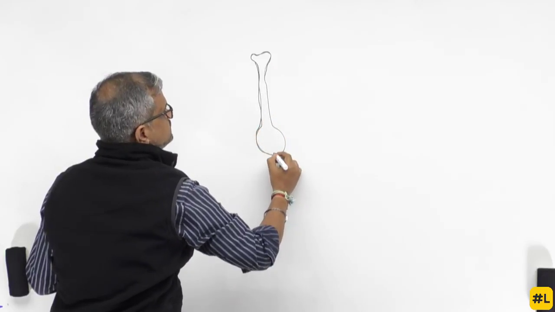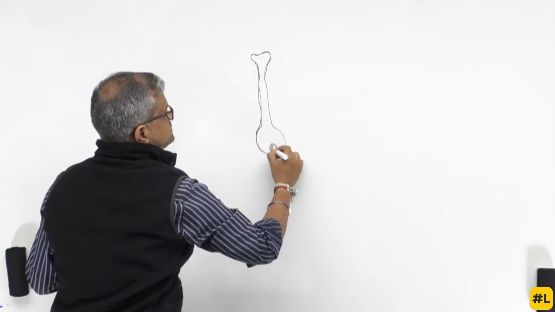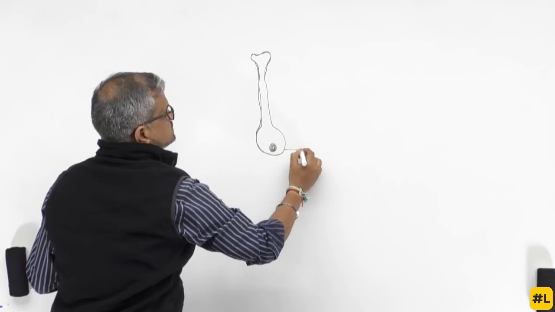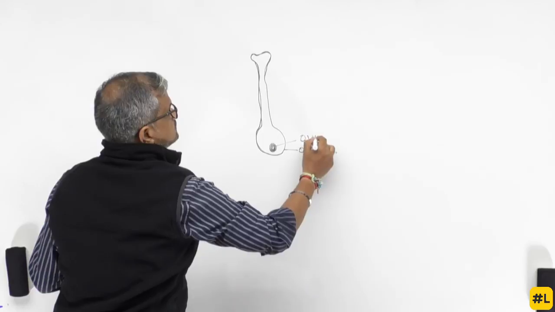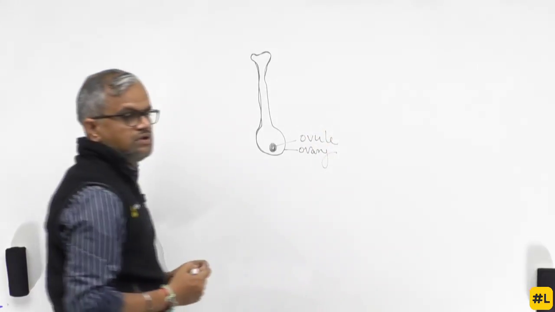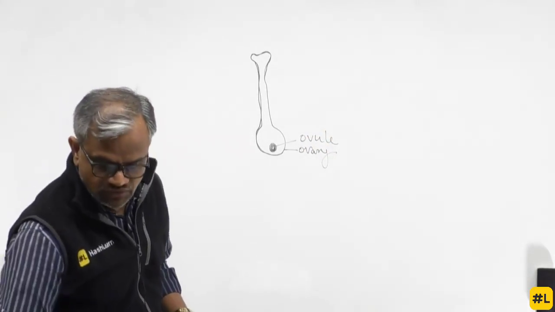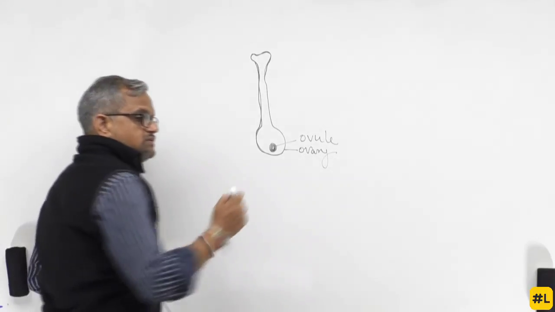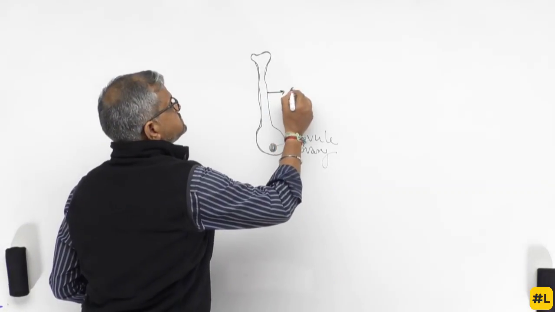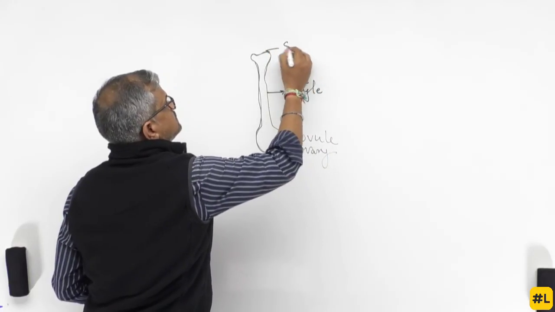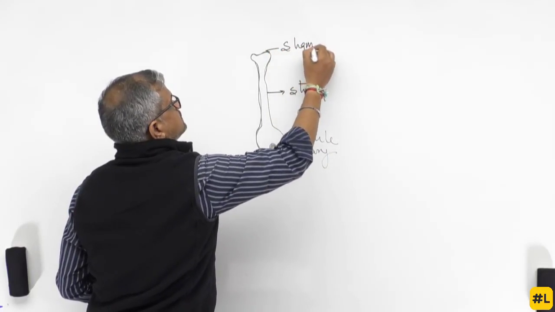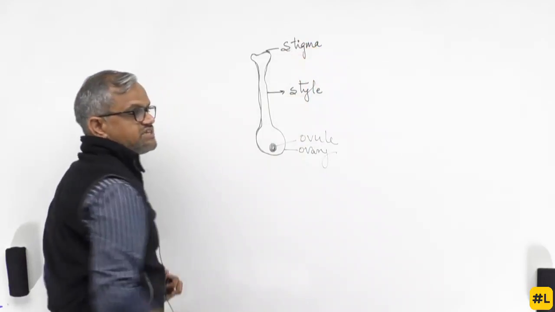On this is the ovary. This is the ovule, and this is the style, this is the stigma.